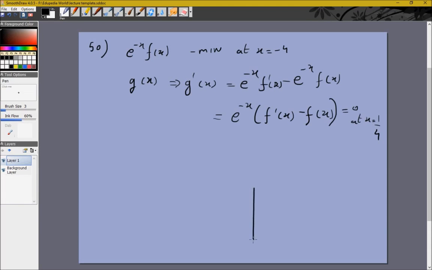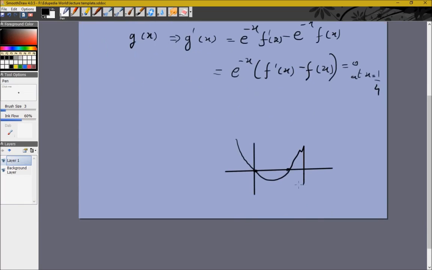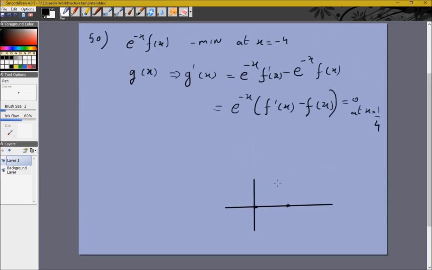Going by what we already know previously, f(x) is 0 at 0 and 1. Therefore, it is something like this. And if g(x) has a derivative which is 0 at x equal to 1 by 4, that means e to the power minus x is between 0 and 1, so that doesn't matter.